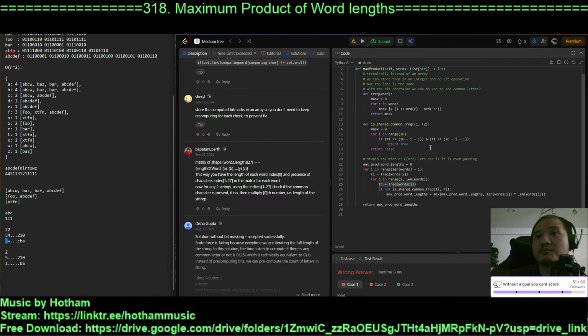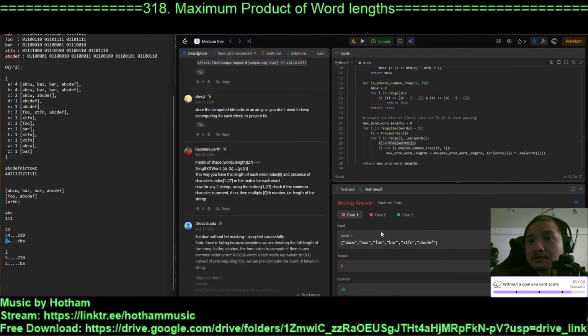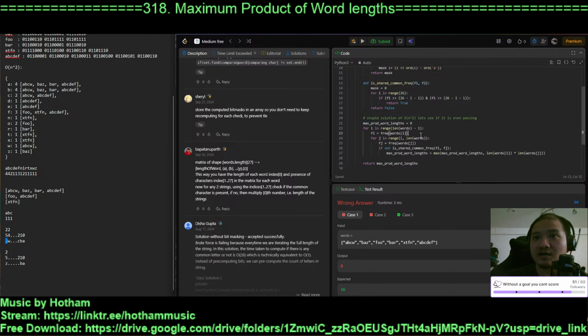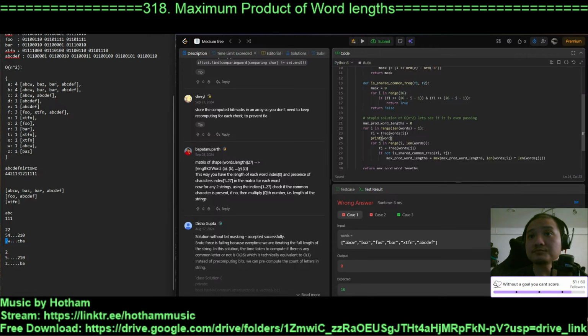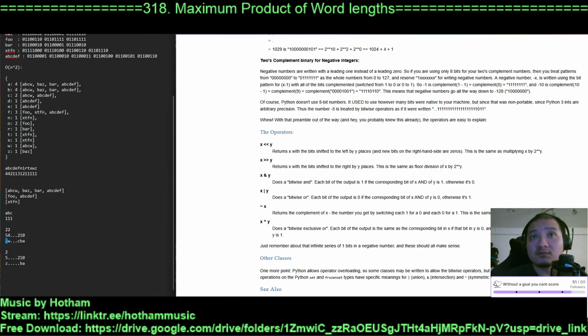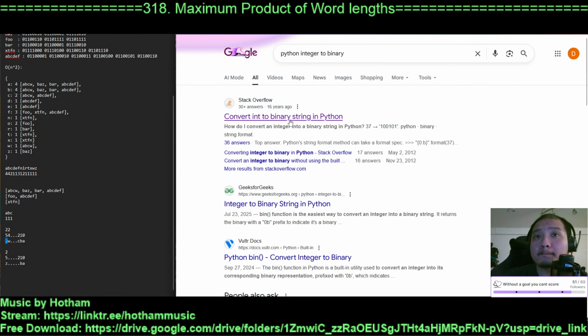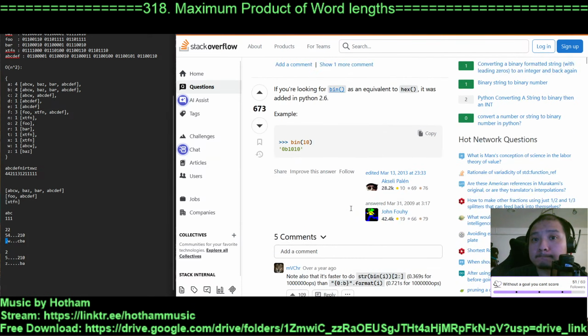So back to the, wait, hold on. Let's figure out if the bit mask is working first. Let me print out the word here. What's I? Python integer to binary. Can I do that? Bin 10.